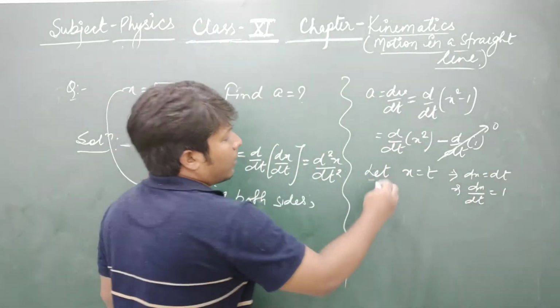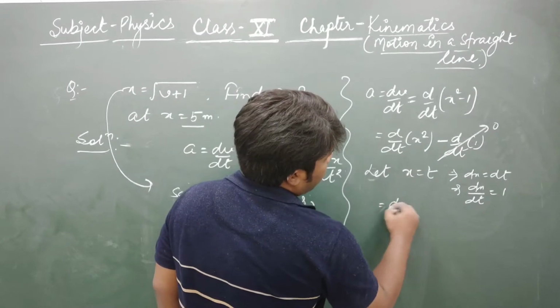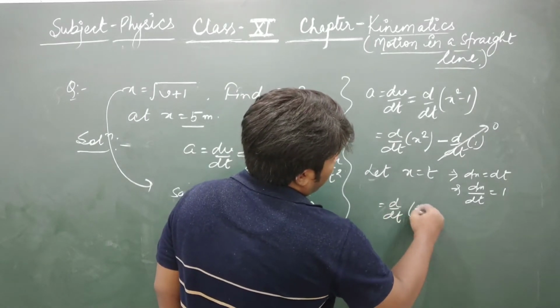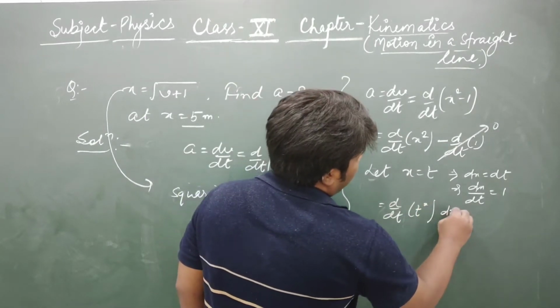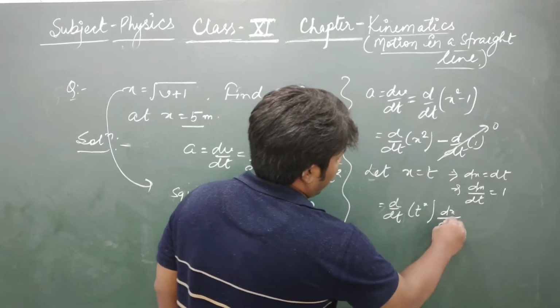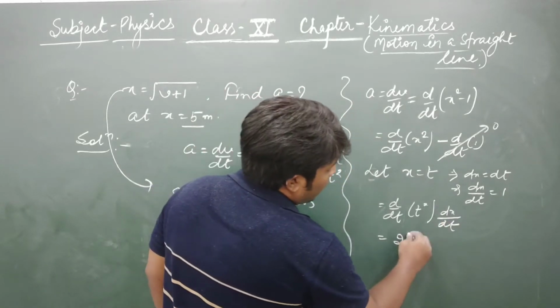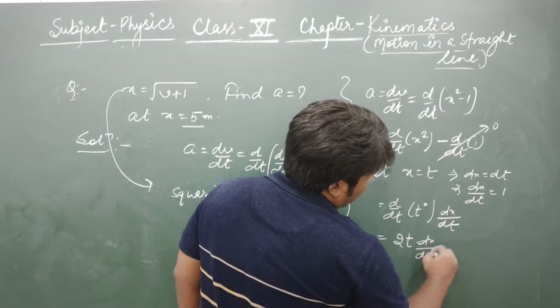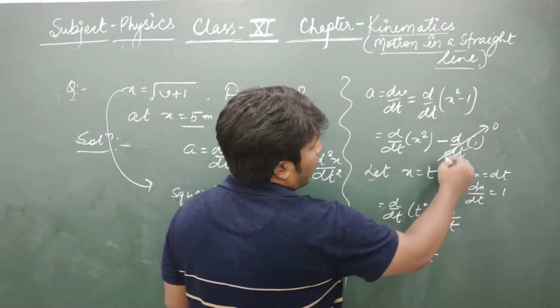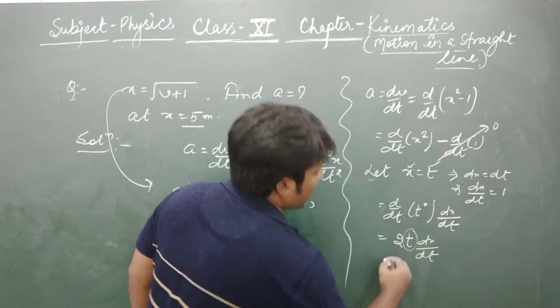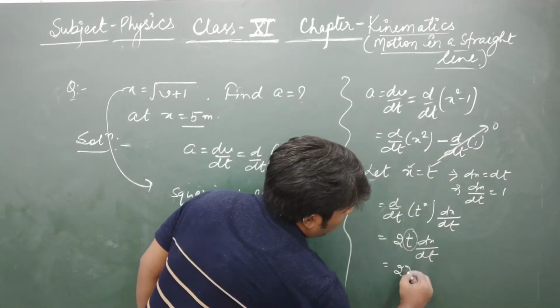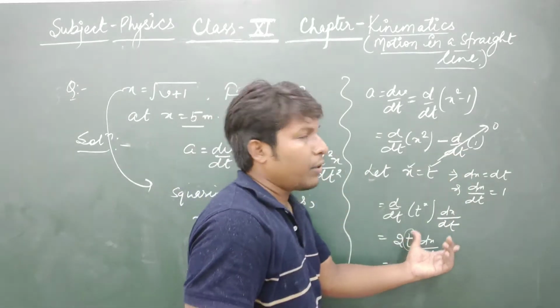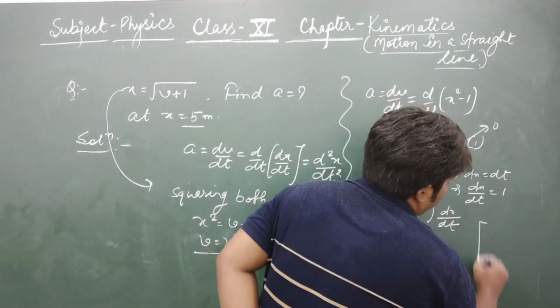Now here, if you are differentiating d by dt of x square, it will be simple: 2x into dx by dt. We know dx by dt is what?